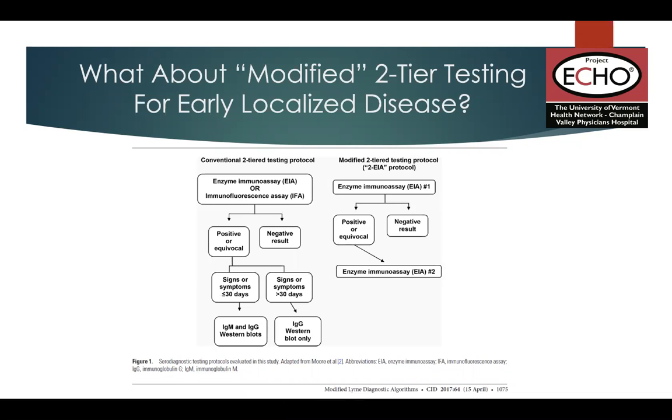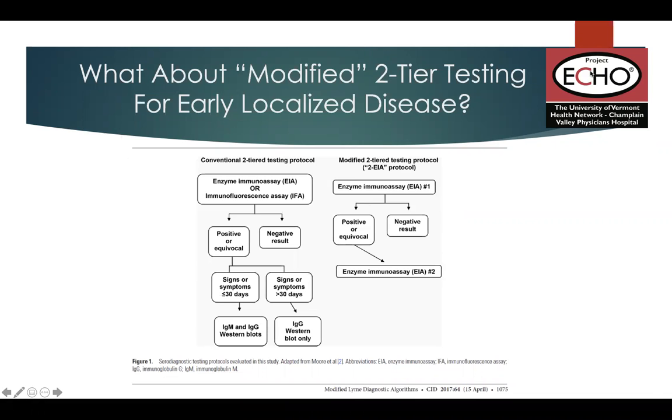But that's the one time the test is truly positive, if you've got early localized Lyme disease. Any other time the IgM Western blot is positive, it's likely a false positive. So that's the only time it can be of any use, and I don't even think it's worth much there because you can diagnose it clinically. I hope that made more sense that time. So if you get something beyond that, it's a false positive.